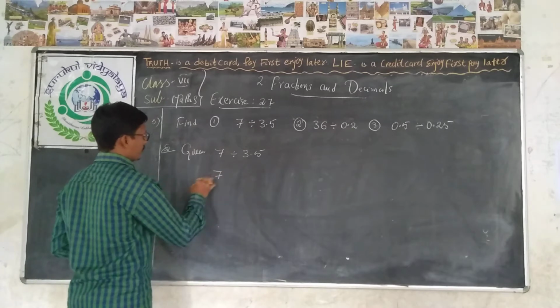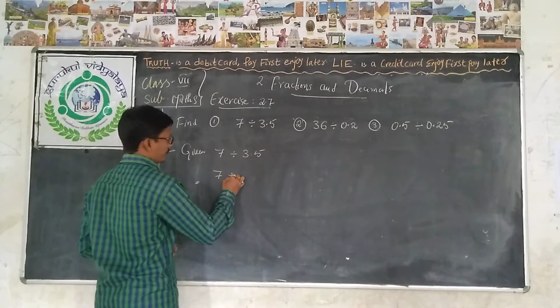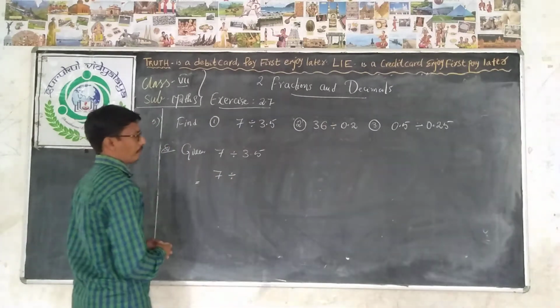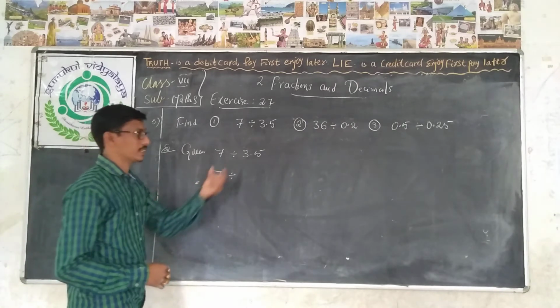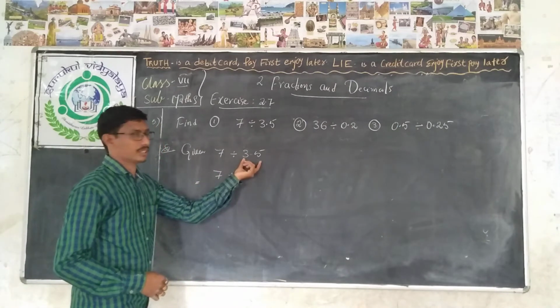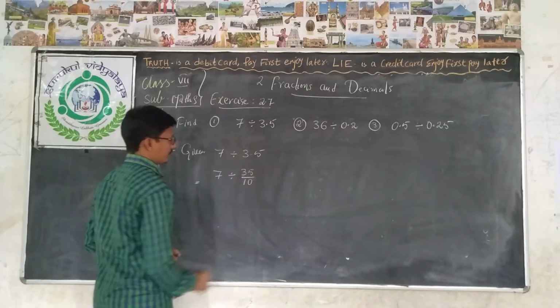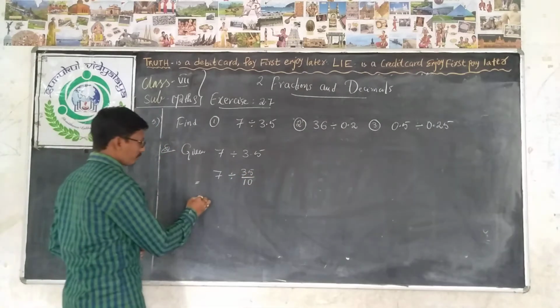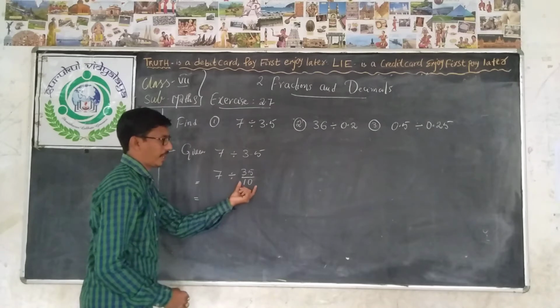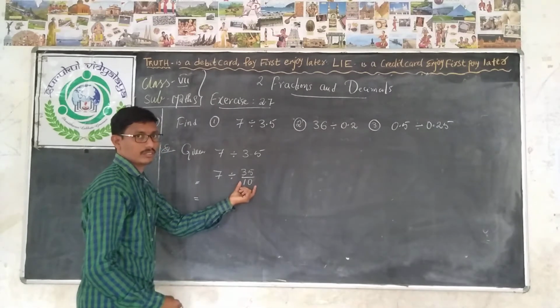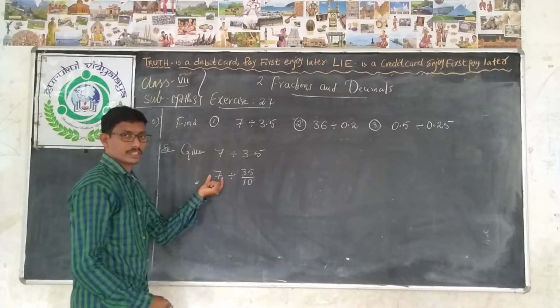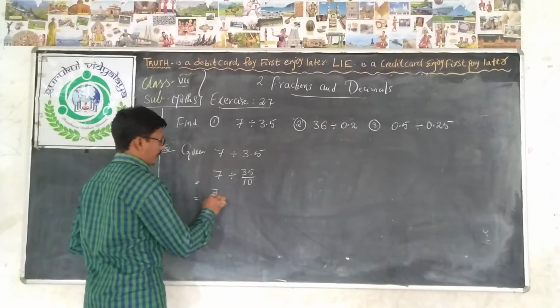7 divided by 3.5. First I have to convert 3.5 into a fractional number, because this is a decimal number. So 35 by 10. Because this is a fractional or rational number, can I write 7 as 7 by 1?